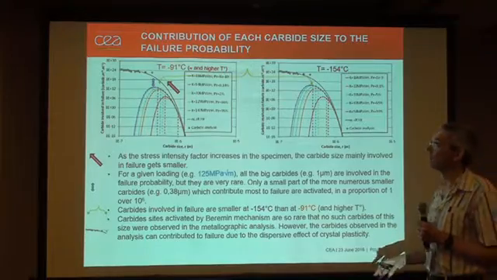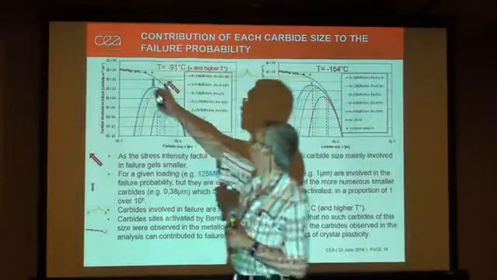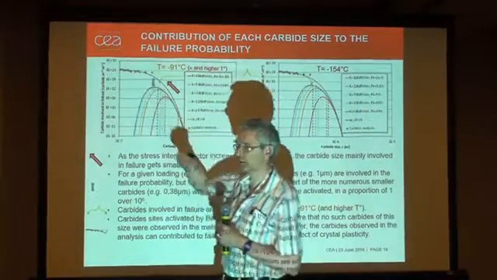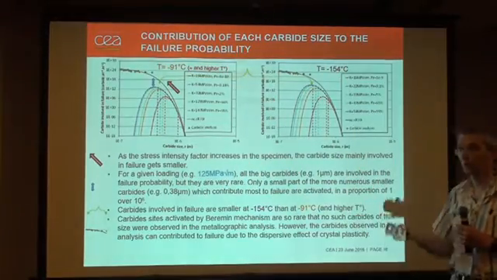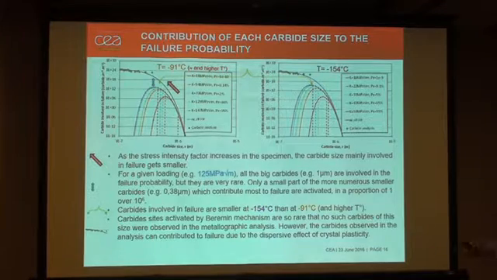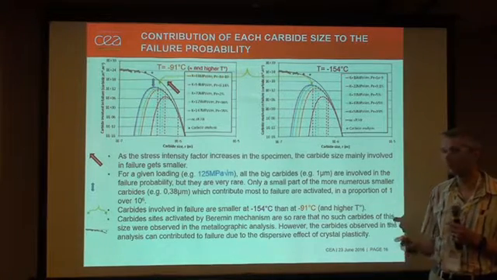On the contrary, the smaller carbides that are observed on metallography can be involved in failure due to the dispersive effect of crystal plasticity.